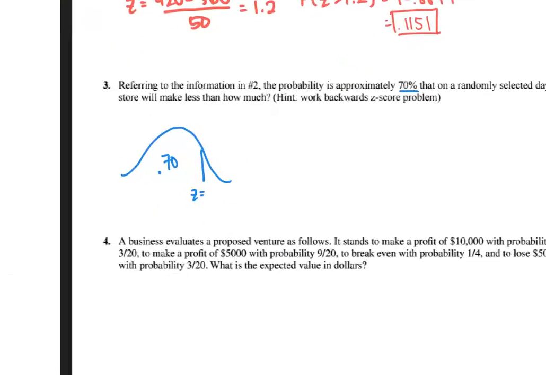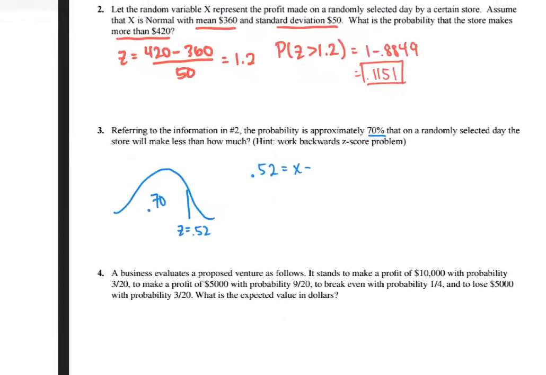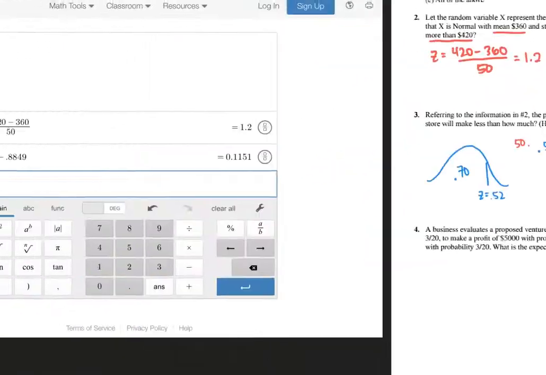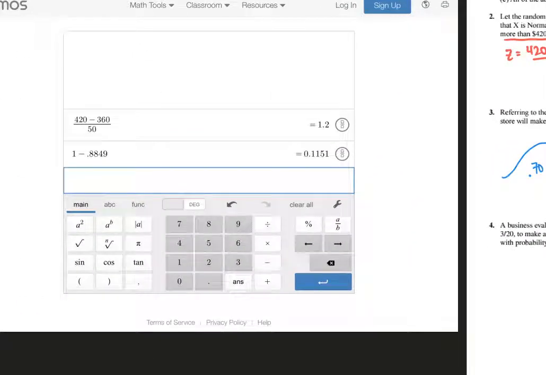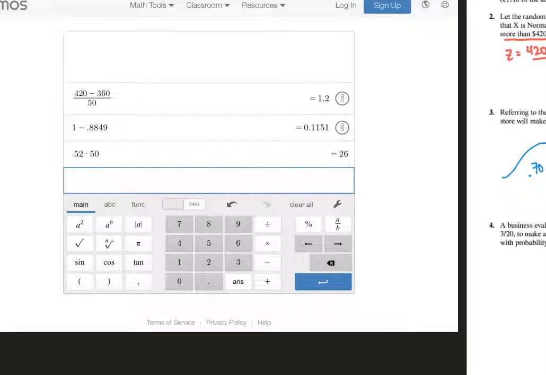So going back here, we know z is equal to 0.52. And from here, it's a working backwards z-score problem. So it's going to be 0.52 equals x minus the mean, which is 360, divided by the standard deviation, which is 50. So we need to multiply both sides by 50. So 0.52 times 50 is 26.